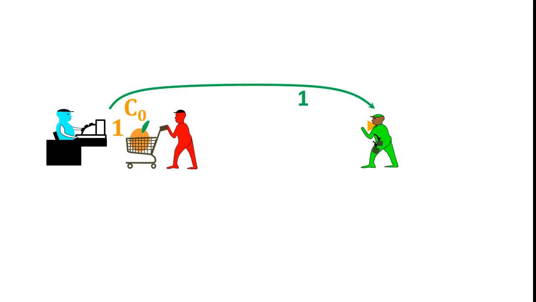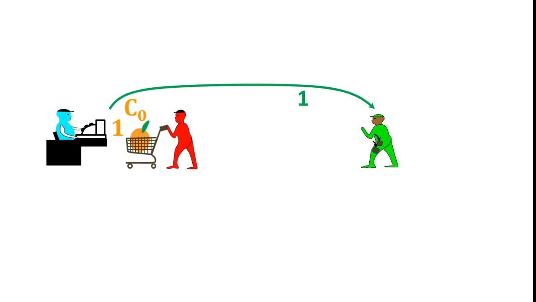Okay, let's get started. Let's suppose that there is a consumer that pays $1 for an orange. We are going to denote this quantity C0, and this dollar gets into the pocket of somebody.